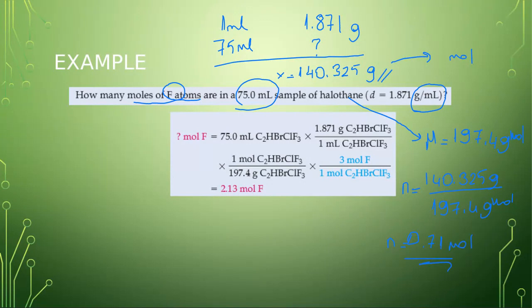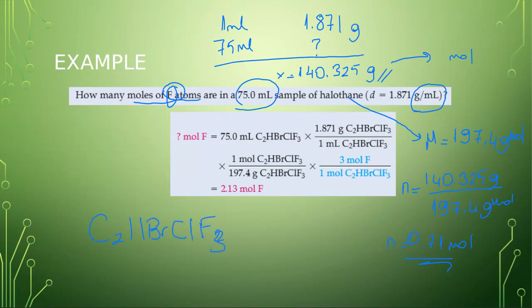Moles. This is halothane moles, but they ask us how many fluorine atoms we have. So you know that this is the bromine, chlorine, and fluorine.